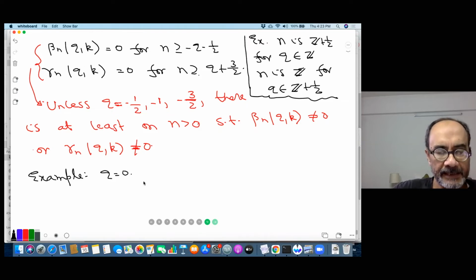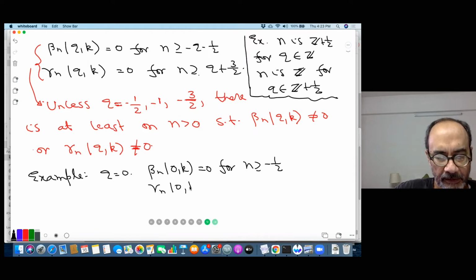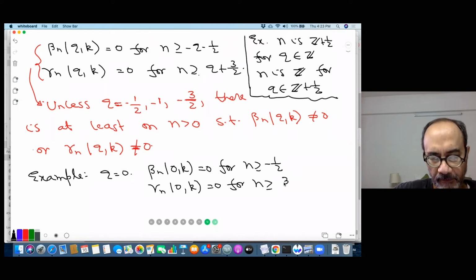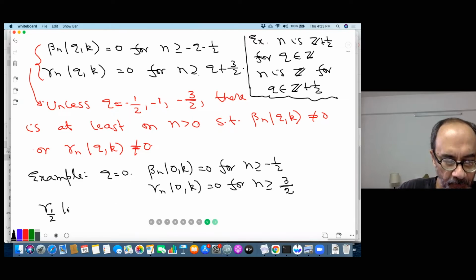Then this tells us that beta n on the Q equals 0 state is 0 for n greater than or equal to minus half, and gamma n on it is 0 for n greater than or equal to 3 half. Now for Q equal to 0, it's integer, so n is integer plus half. So you see that gamma half on the state is non-zero.